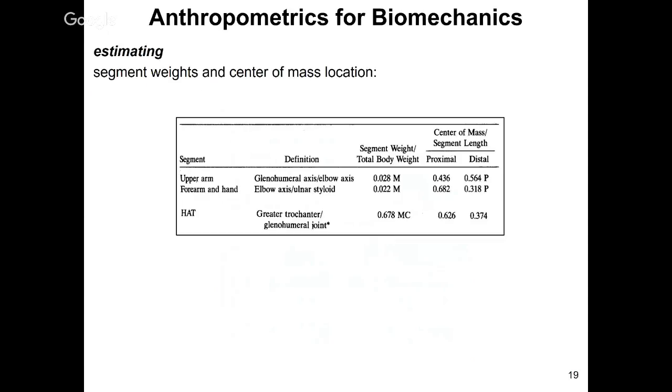All right. So all we need to do then is take this number, the full length, and multiply it by the 0.682. What that is telling us is 68% of the way down is where the center of mass is for the full thing.